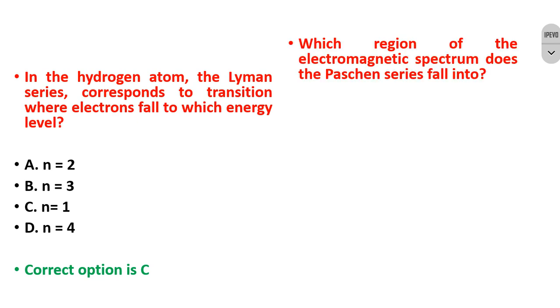Which region of the electromagnetic spectrum does the Paschen series fall into?